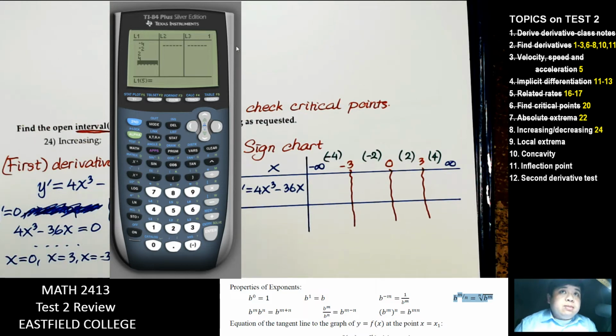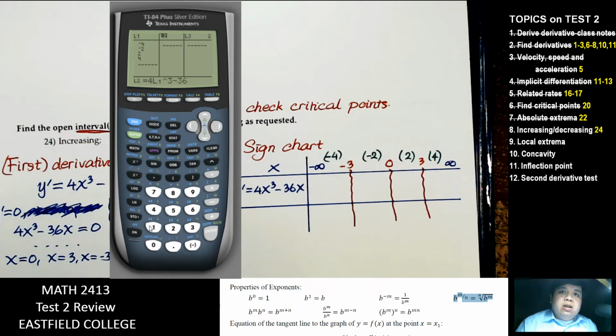Right. Now we enter this derivative, meaning first we highlight the L2. Now we enter 4 L1 cube minus 36 L1.